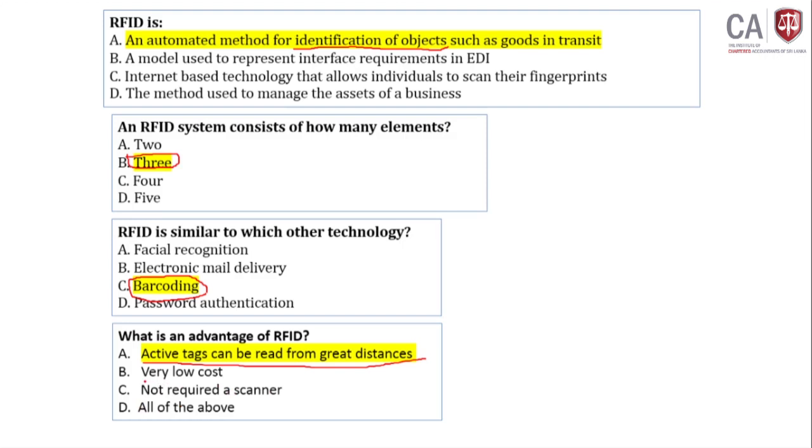And it is not very low cost. When you compare barcoding with RFID, an RFID tag is much higher in cost than a barcode. Barcode is the simplest way, but RFID is a good technology, so we have to spend more money when implementing RFID technology in the system.